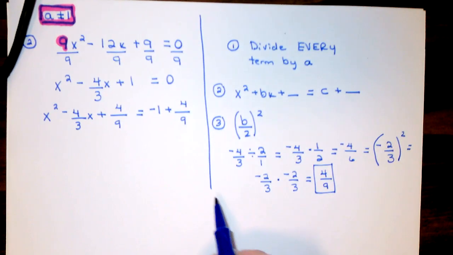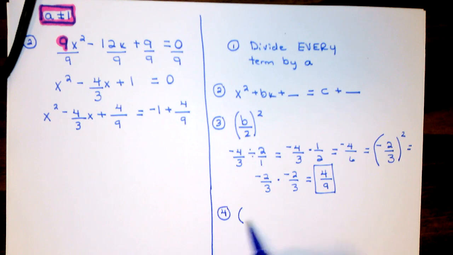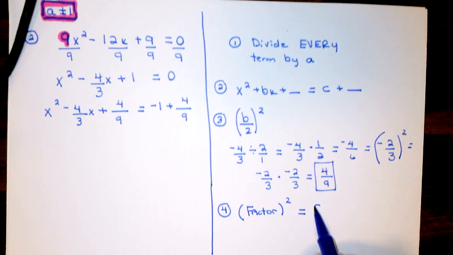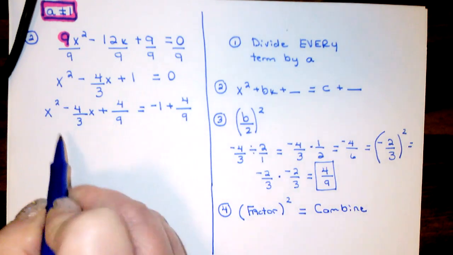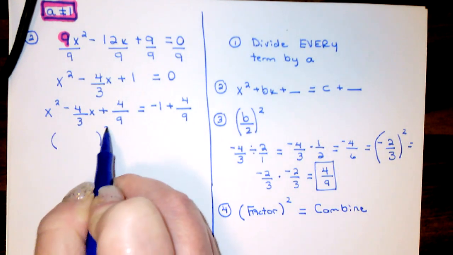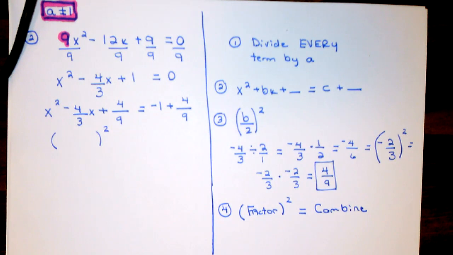Okay. Then I'm going to repeat that process again from earlier. Remember, this is going to factor to the same thing twice. I'm going to combine the numbers on the right. So I'm going to go back. I'm going to put a quantity squared.